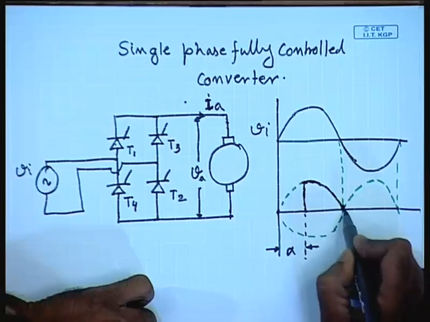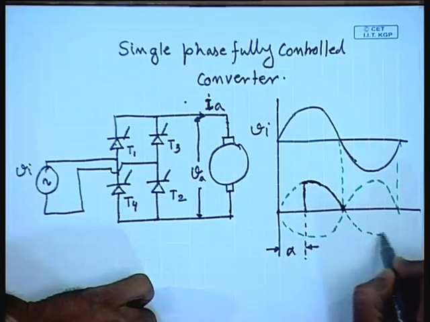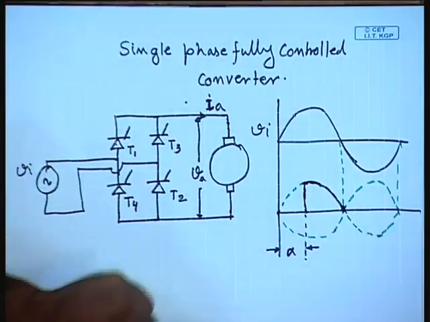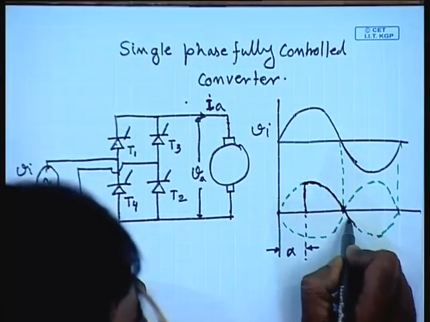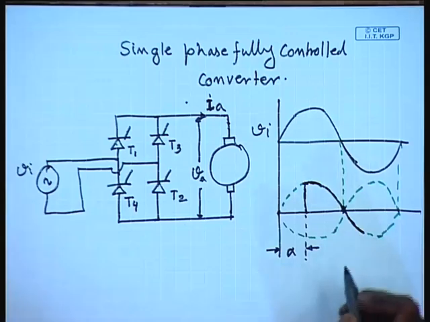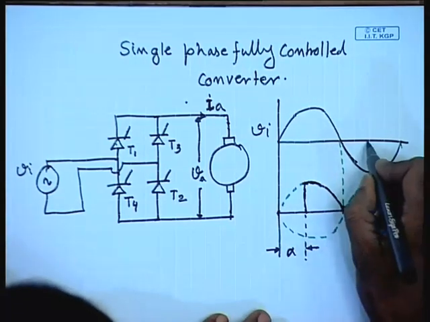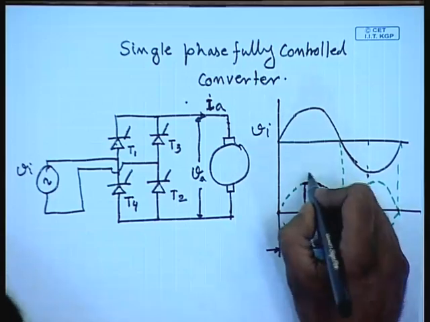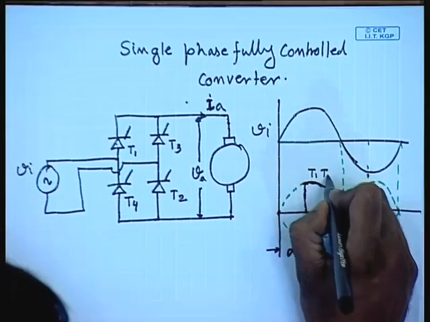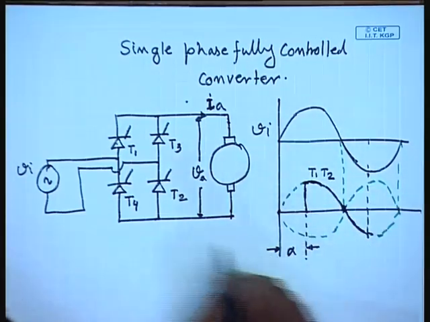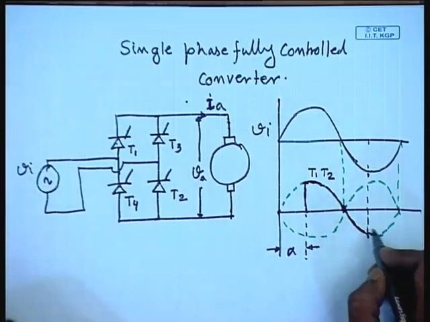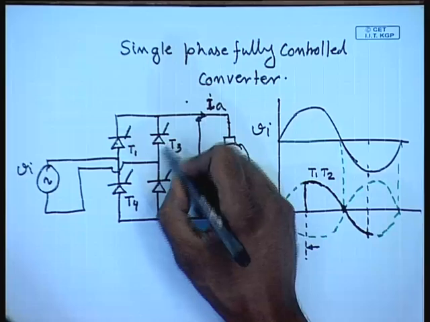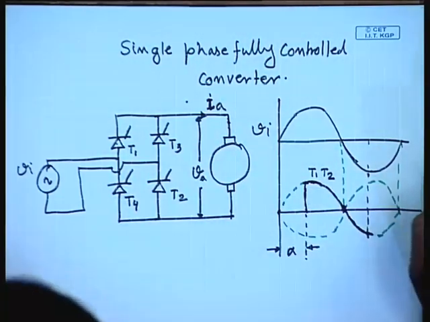So, it will continue to follow the input voltage Vi, and if the current does not become 0 before the next set of thyristors, that is T3, T4, are fired, that is gate pulses applied to them, it will continue up to the point where T3 and T4 are gated.